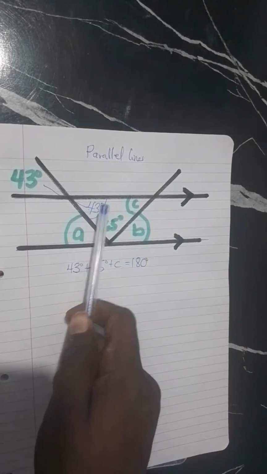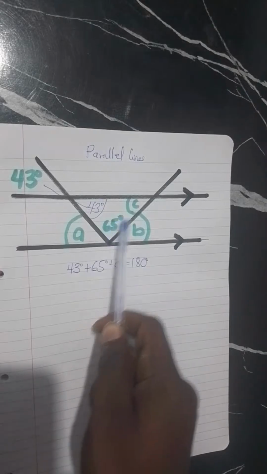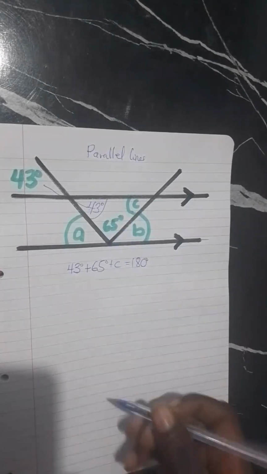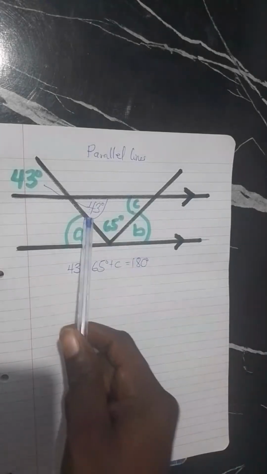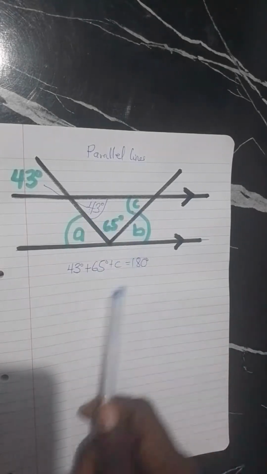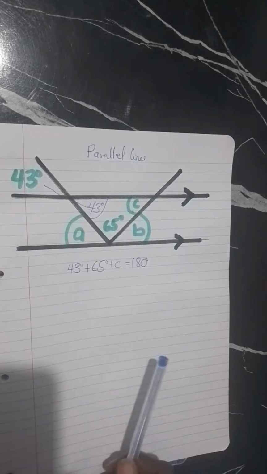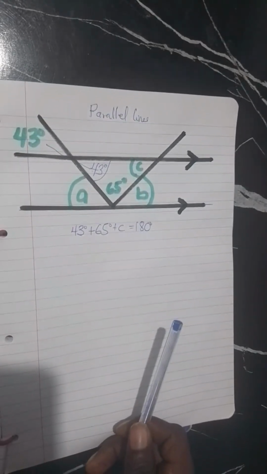So 43 plus 65 plus C, and that will give us 180. So 43, 65, C give us 180 degrees.